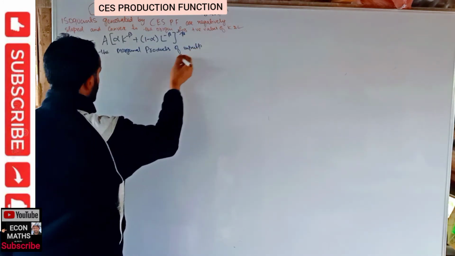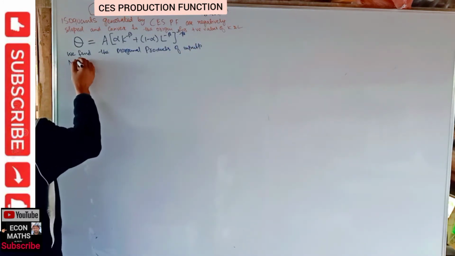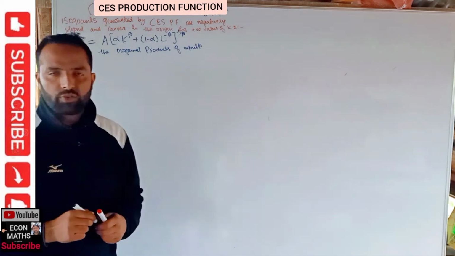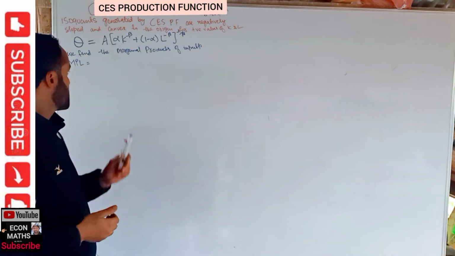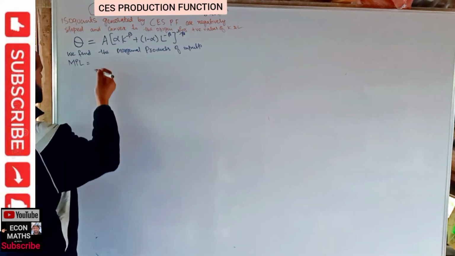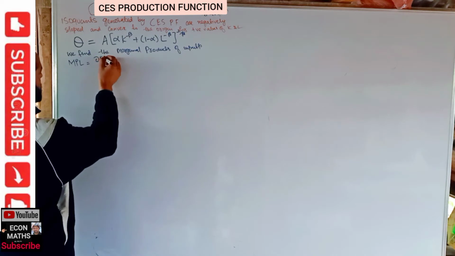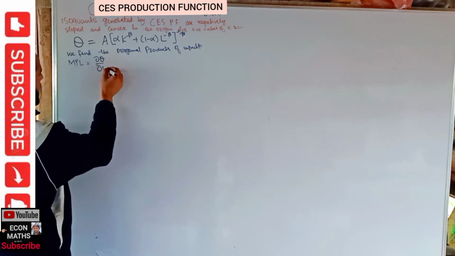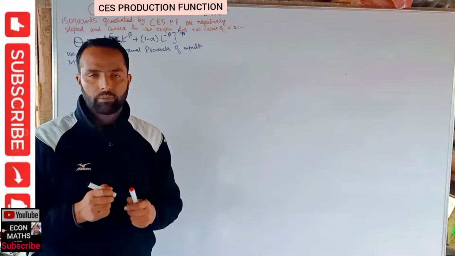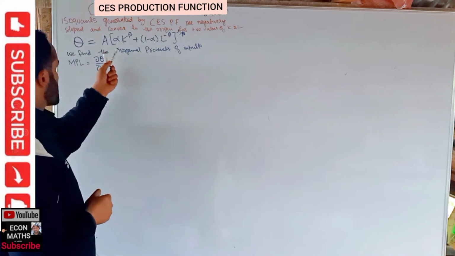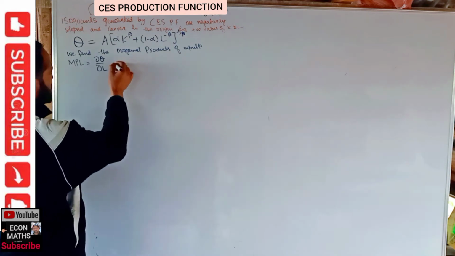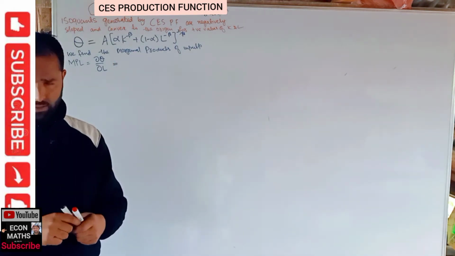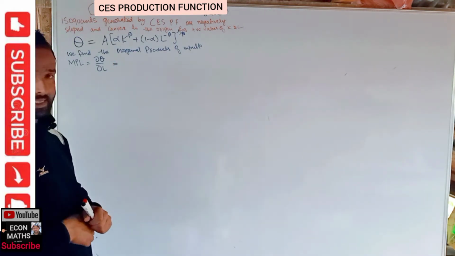First, the marginal productivity of labor, which is given by the first partial derivative of this production function with respect to labor. So this is equal to dQ divided by dL. That means we differentiate this production function with respect to L. We have learned in earlier videos how to differentiate a function.